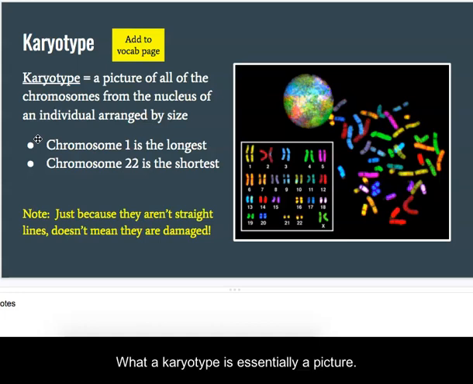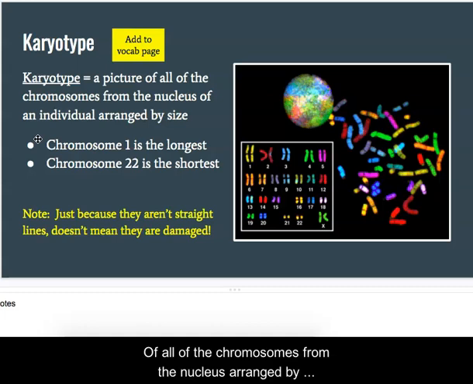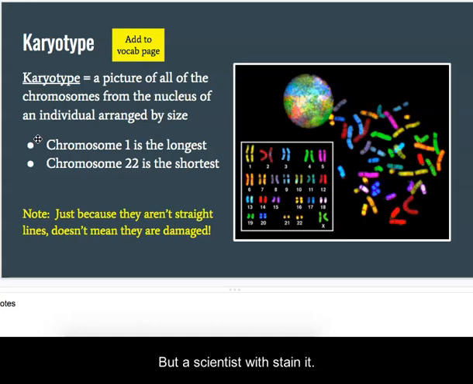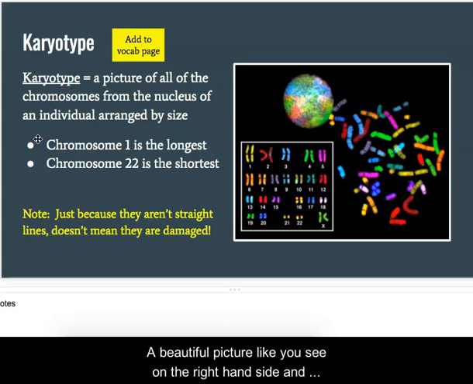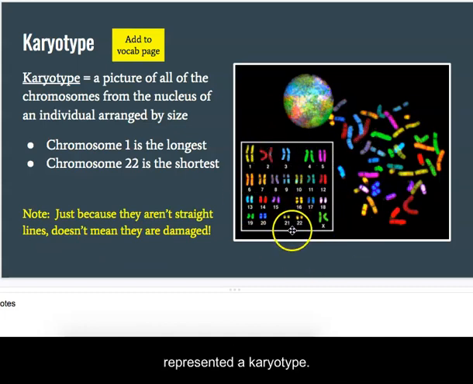But a karyotype is essentially a picture of all of the chromosomes from the nucleus arranged by size. So special stains are used. You can't just see it, but a scientist would stain it in the middle of a cell and then arrange them into a beautiful picture like you see on the right-hand side, and represented a karyotype.